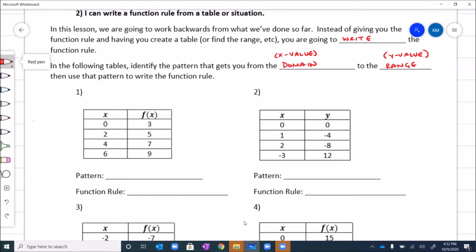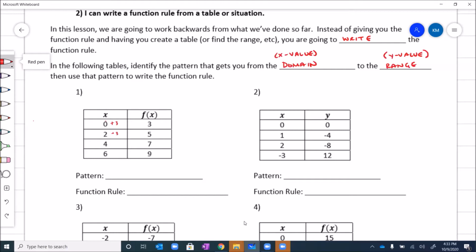Our pattern here is we add 3. Looking at 0 and 3, the first thing I'm thinking is I add 3. Does that work for my next value? 2 plus 3 gives me 5.